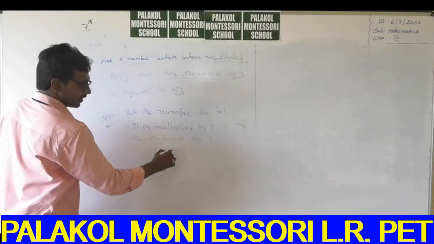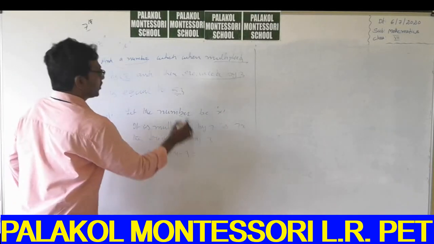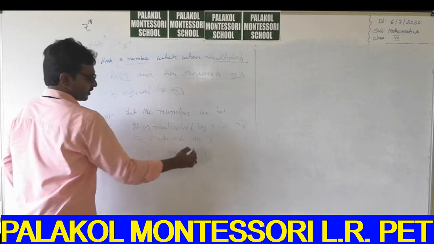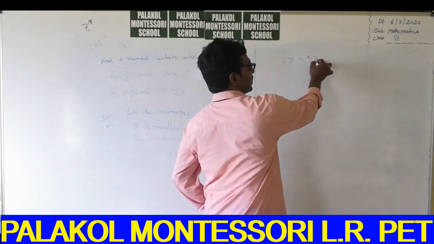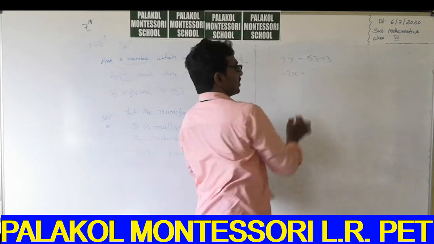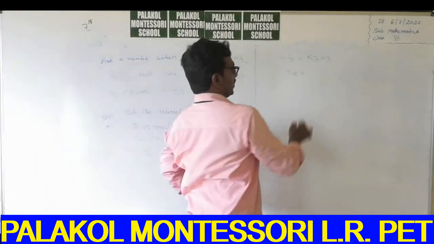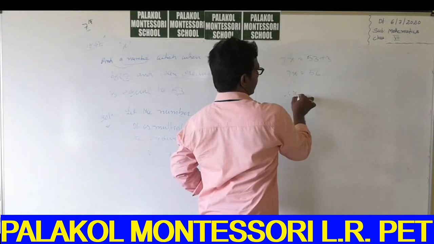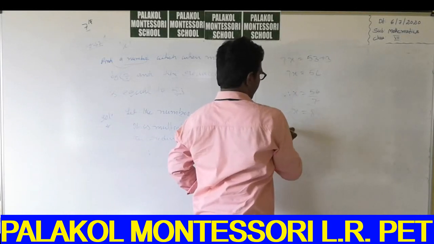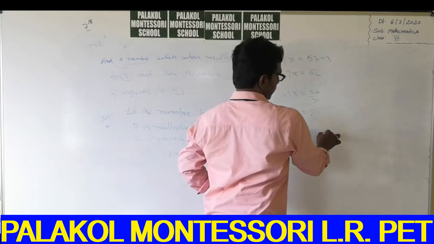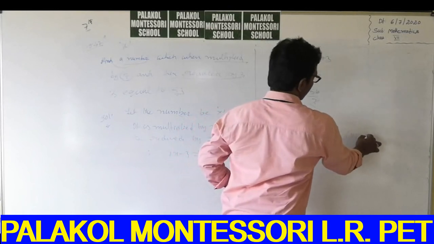So, therefore, 7x minus 3 is equal to 53. Minus 3 that side, plus 3. So 7x is equal to 53 plus 3, 56. Therefore x is equal to 56 by 7, x is equal to 8. Therefore, the number x is equal to 8.